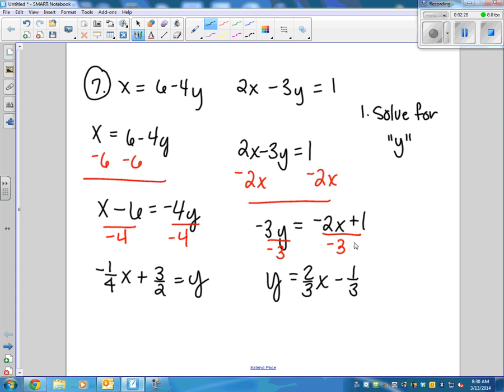Okay, so the next thing I'm going to do is using substitution, right? Step 2, I'm going to use substitution, and make both equations equal to each other.